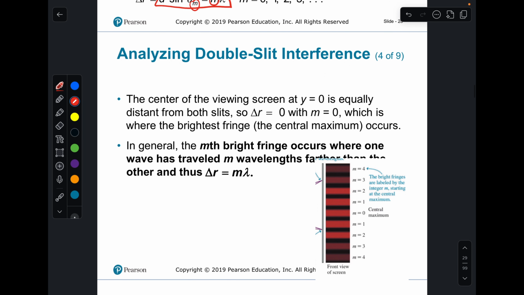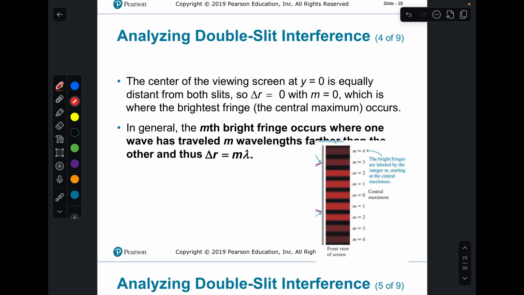So now let's look at our fringes. Let's look at our bright fringes. So our bright fringes are going to occur in different locations, given by different angles theta. So our central maximum is our horizontal line.